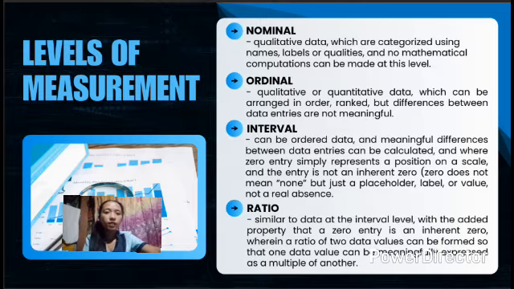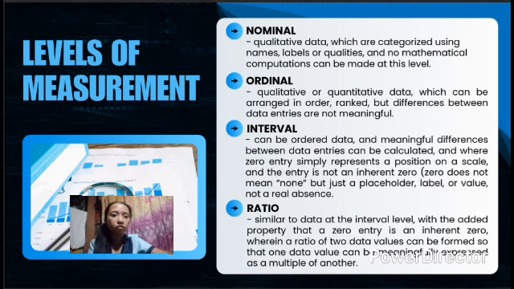In the interval level, there are equal intervals between values. It shows meaningful differences. So what is the characteristic of this? It is ordered data with equal intervals and no true zero, or zero does not mean absence.